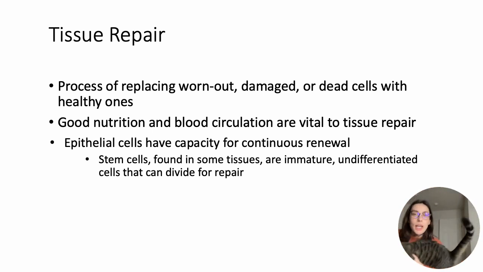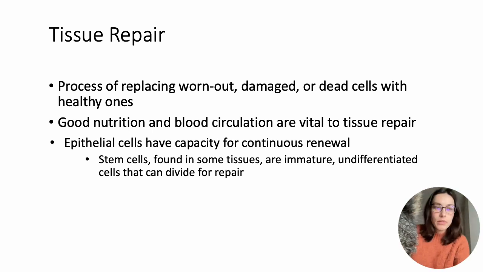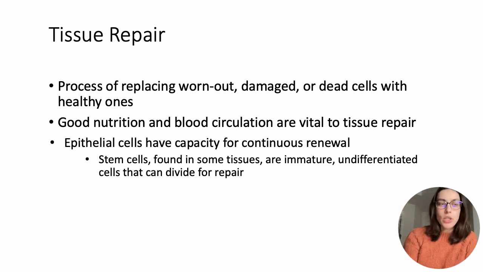But what helps epithelial tissue be so renewable is the fact that there are stem cells in epithelial tissue that always provide a source of new cells. And I will tell you a little bit more about stem cells in just a second.